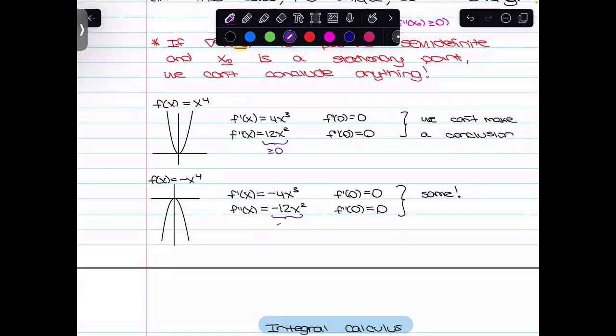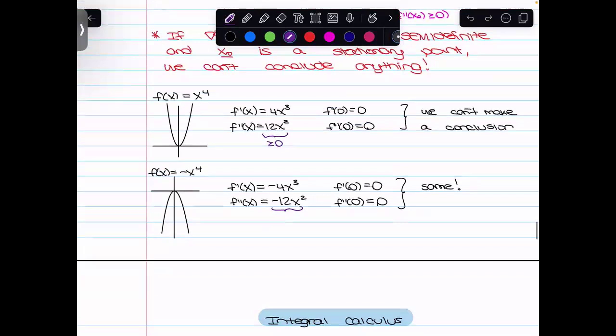And this is always going to be less or equal to 0. So from that information, you can say that the function is always convex and always concave, and then you can make a conclusion. So basically, if it's semi-definite at a certain point, you have to then analyze the rest of the function. That's kind of the summary of all of this.